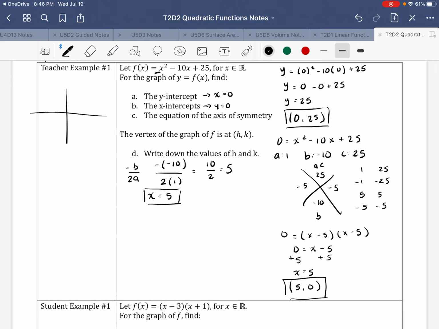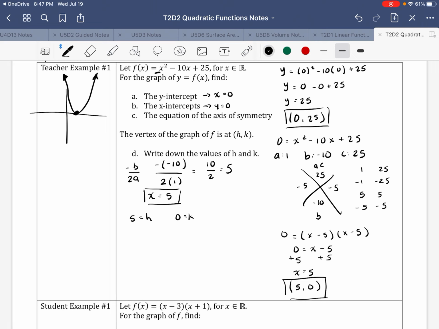And it has an x-intercept at (5, 0), and a y-intercept here at (0, 25). So we know that this point here also has to be the vertex, right? So when we're looking at this (5, 0), 5 is going to equal h, 0 is going to equal k.